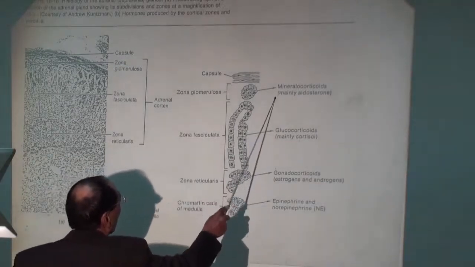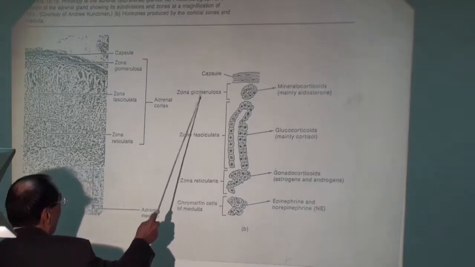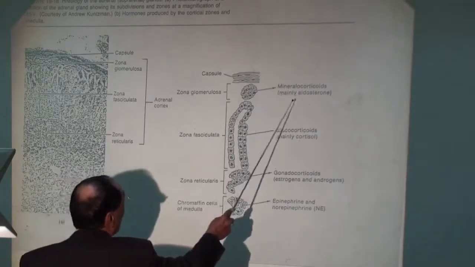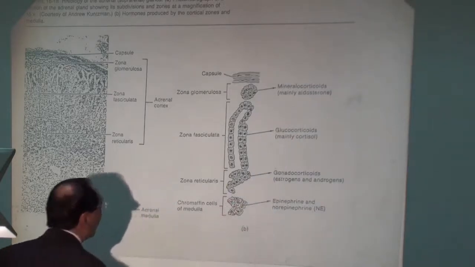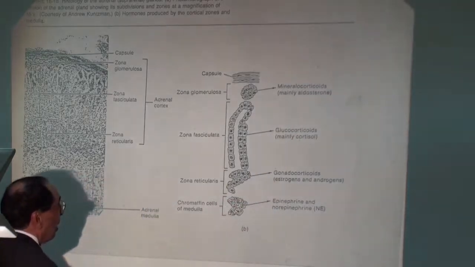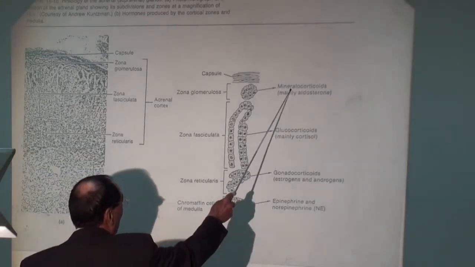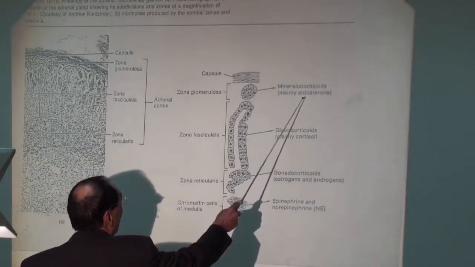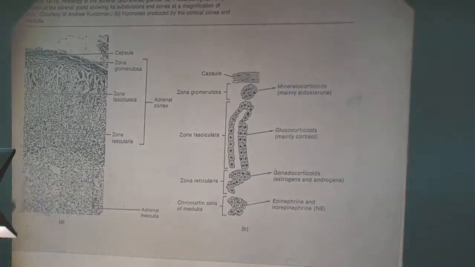First zone, glomerulosa. This zone produces hormones collectively called mineralocorticoids. The most potent hormone of the mineralocorticoids is aldosterone.